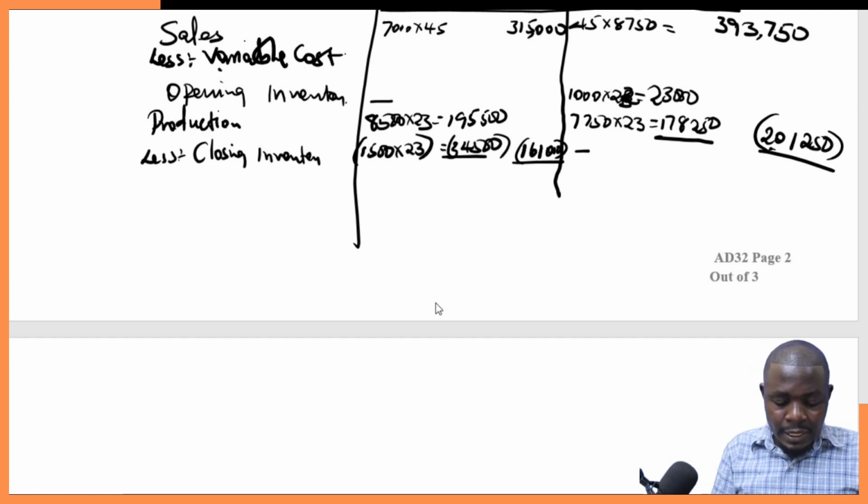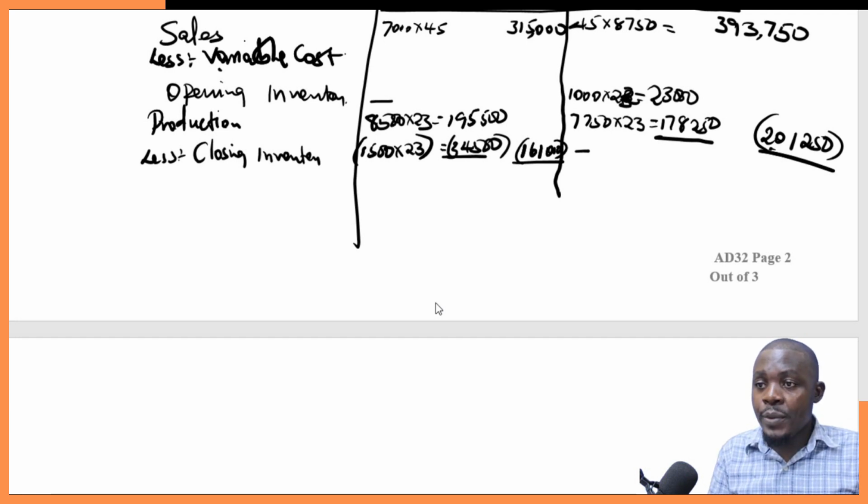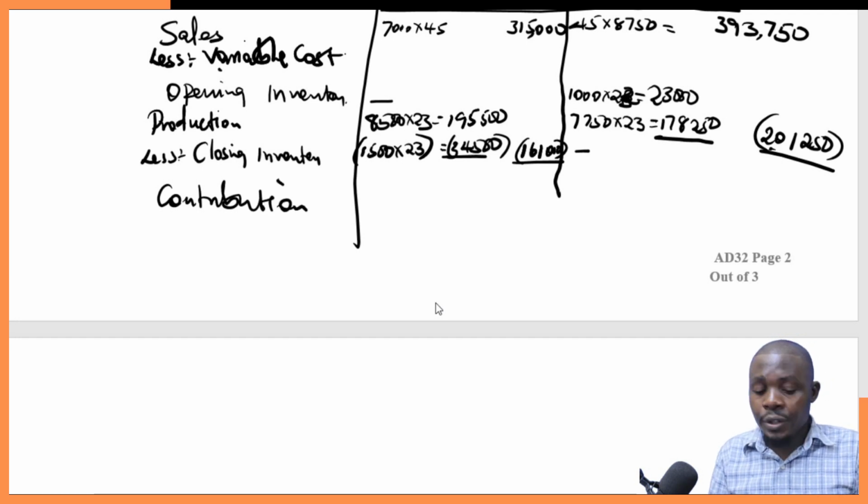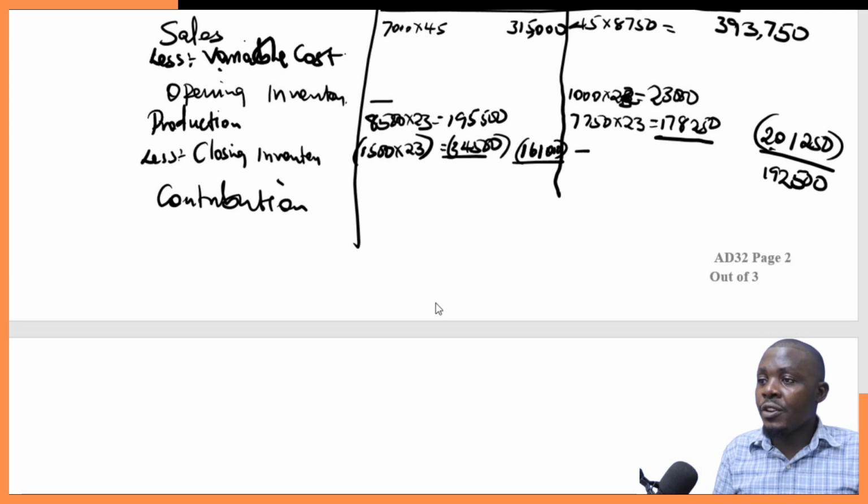Now we take 393,750 minus the answer we had as the contribution. Contribution here we are having 192,500. Then this side contribution we are getting that's 315 minus 161, we get 154,000.